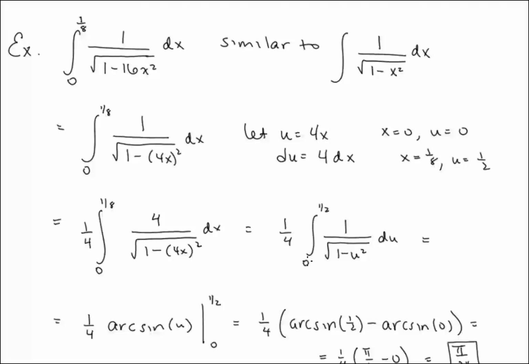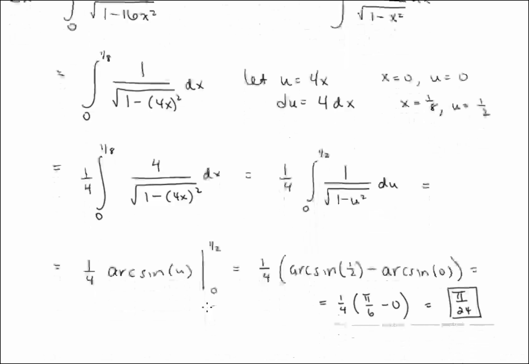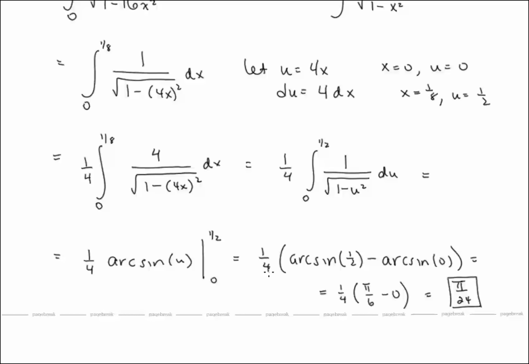So that goes here. And then when x is equal to 1/8, u is equal to 4/8 or 1/2. So that goes here. Now we want to take our antiderivative. And so we have 1/4 arc sine of u going from 0 to 1/2. So that's 1/4 of arc sine of 1/2 minus arc sine of 0.